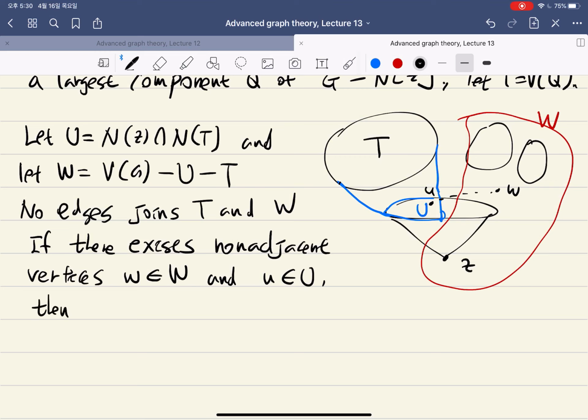Then what happened? In G, if you take W, and because G is adjacent to all the vertices in U, so W is not G.